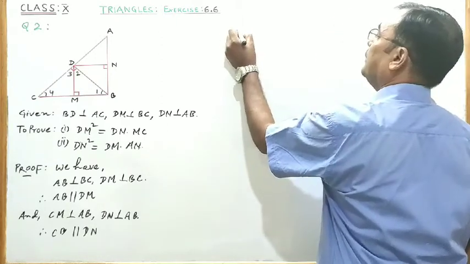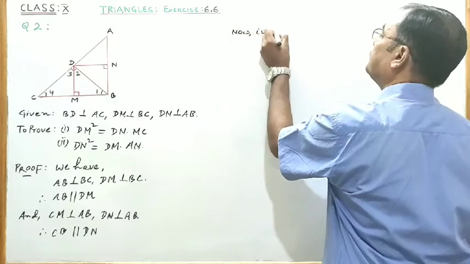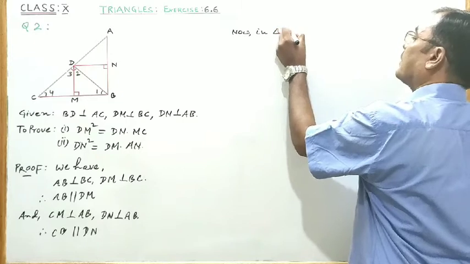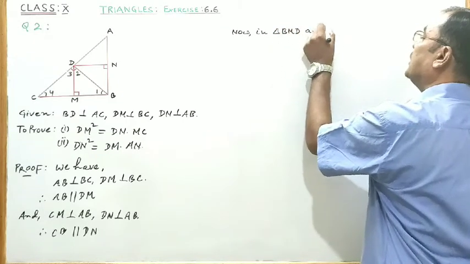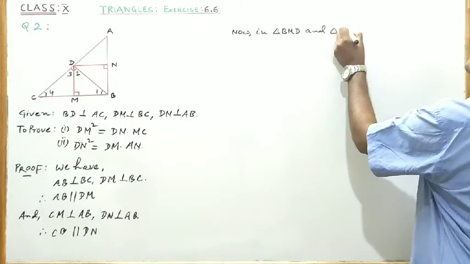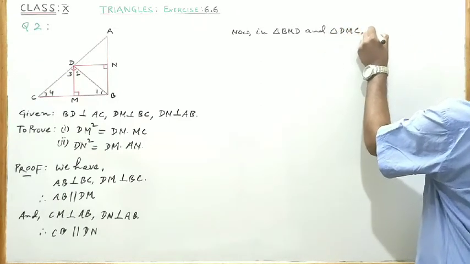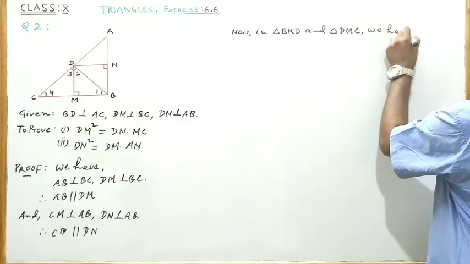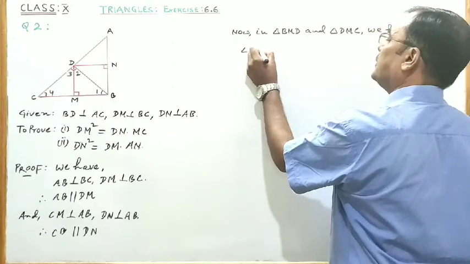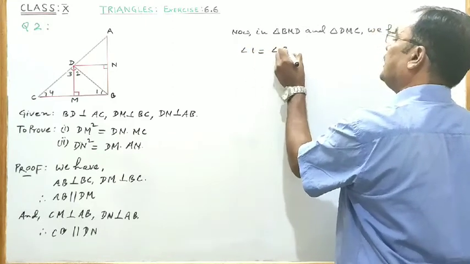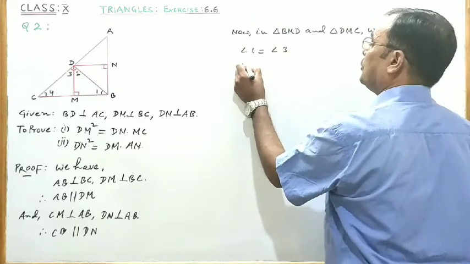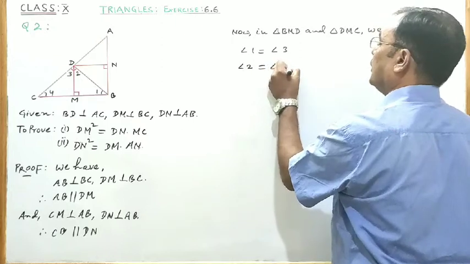Now in triangle BMD and triangle DMC, we have angle 1 is equal to angle 3 and angle 2 is equal to angle 4.